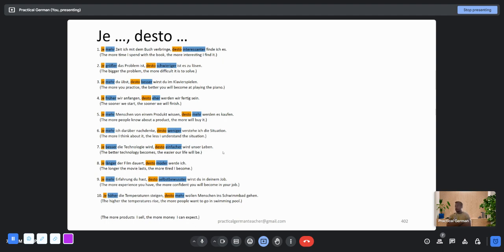Je mehr Produkte ich verkaufe, desto mehr Geld kann ich.